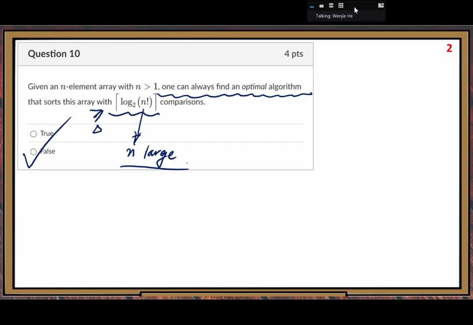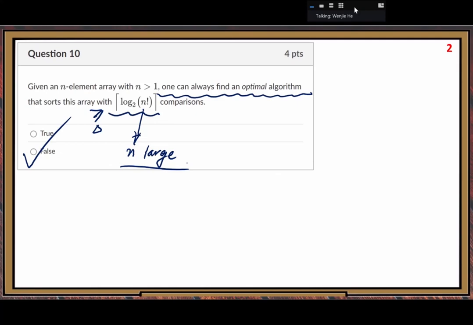We can all reach the lower bound. But when n is relatively large, nobody knows how to reach the lower bound. And nobody knows the answer if it's possible to reach this lower bound. So that's different.